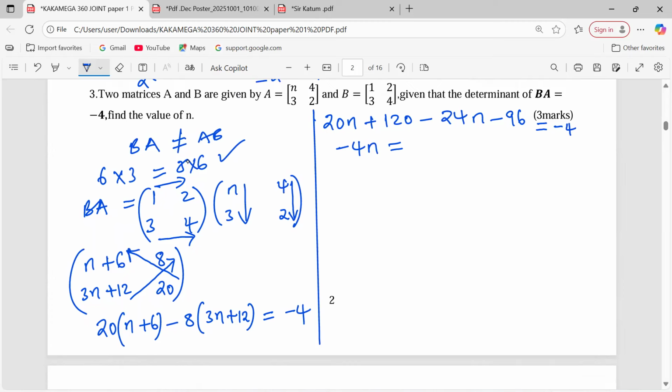I add 96 because 96 becomes positive to the right, and I subtract 120. This is giving us negative 28. And the value of n is now confirmed to be 7, because negative cancels out. 28 over 4 will become 7. A very serious question and very good for this case.